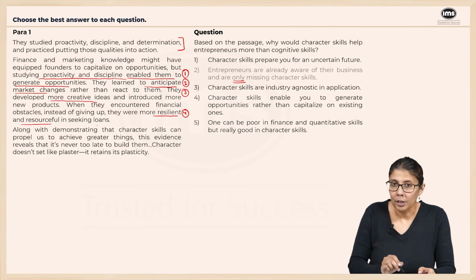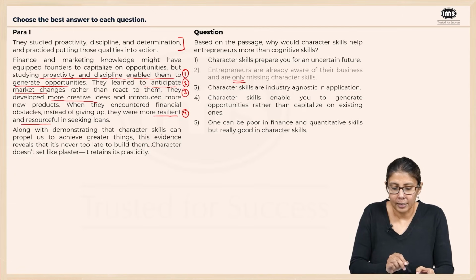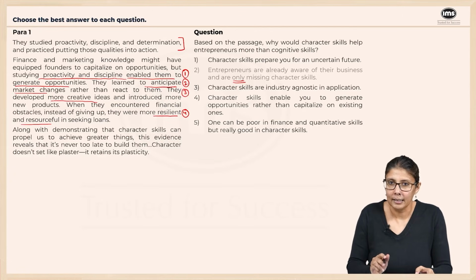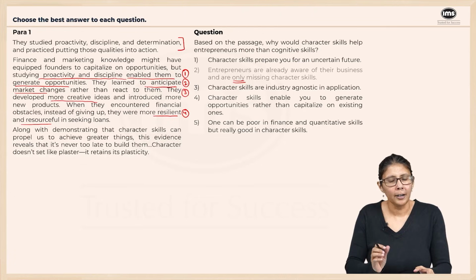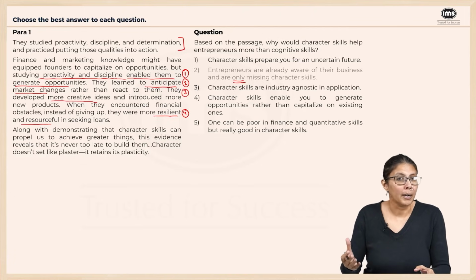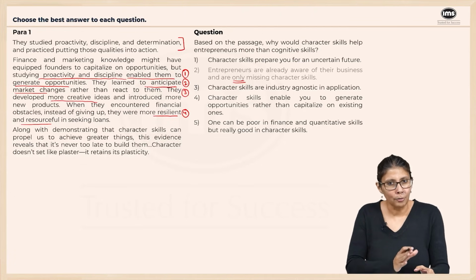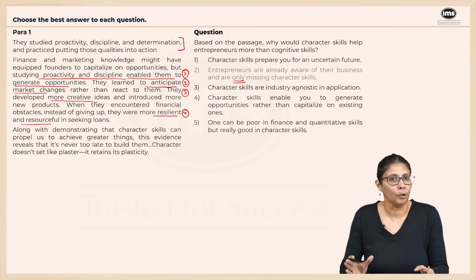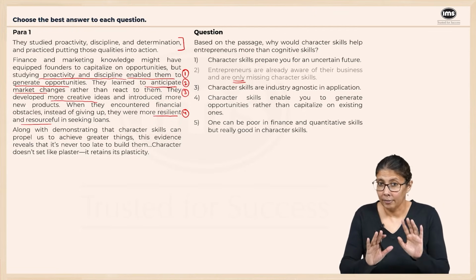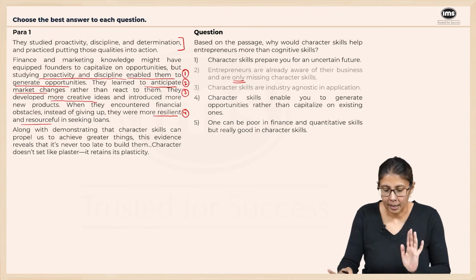All these 4 outcomes that we have highlighted, generating opportunity, anticipating market changes, creativity, resilience, this tells us more that people were able to prepare better for the future rather than focusing on how the industry does not matter. So obviously I'm making a choice between 1 and 3 and saying that there is slightly more support for 1 as compared to 3. Again, very shaky ground, I agree, but let's eliminate 3.